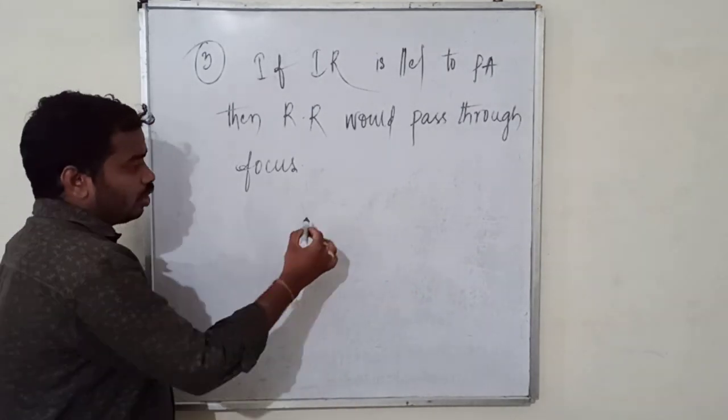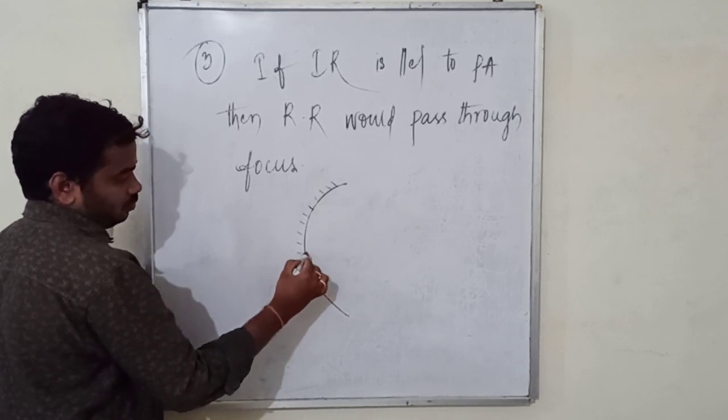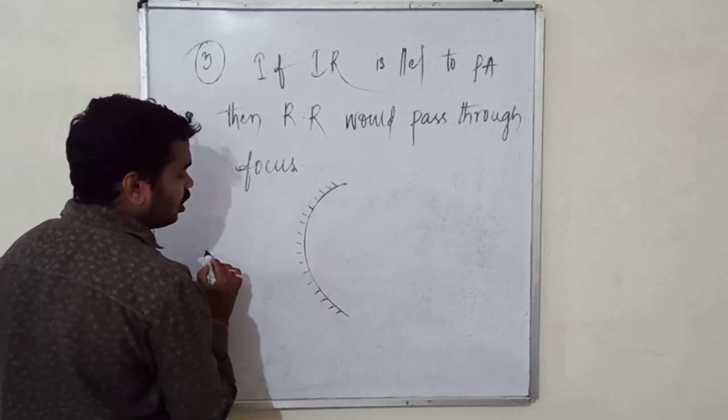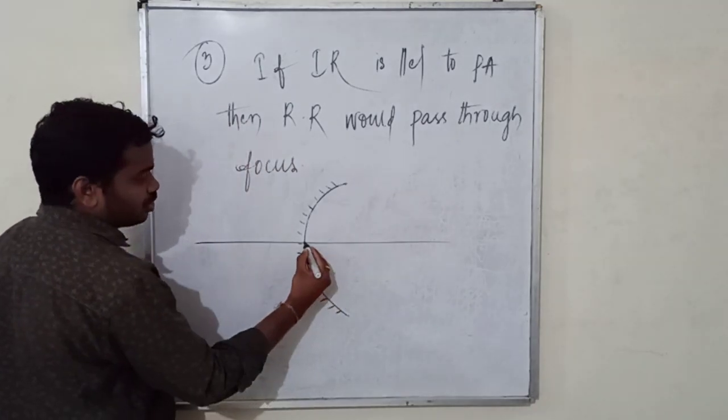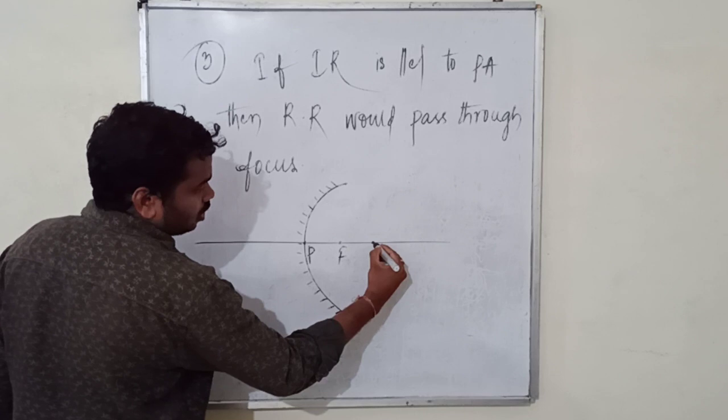So this I am going to show you in a diagrammatic way. I am going a bit fast now because all the terms were introduced to you. Pole, focus, center.